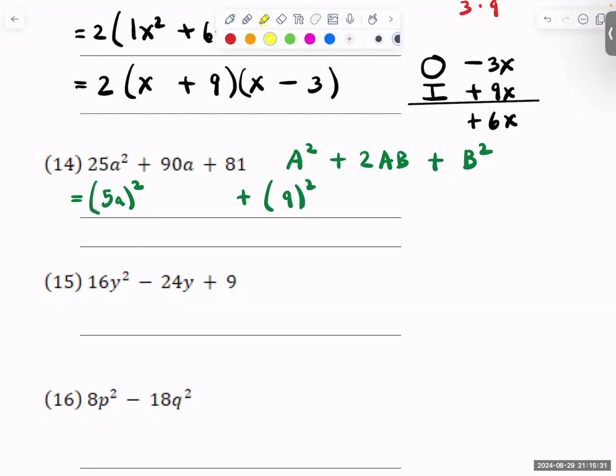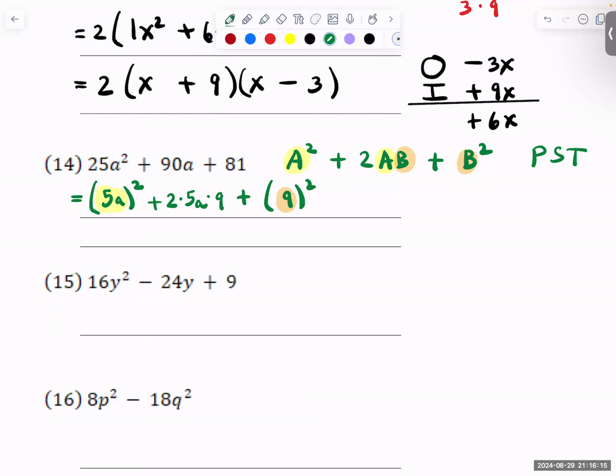Therefore, 5 little a is capital A, and 9 is capital B. So to verify that we have a perfect square trinomial, a PST, we check the middle term is 2 from the formula, 2AB, times capital A, which is 5 little a, times B, which is 9.